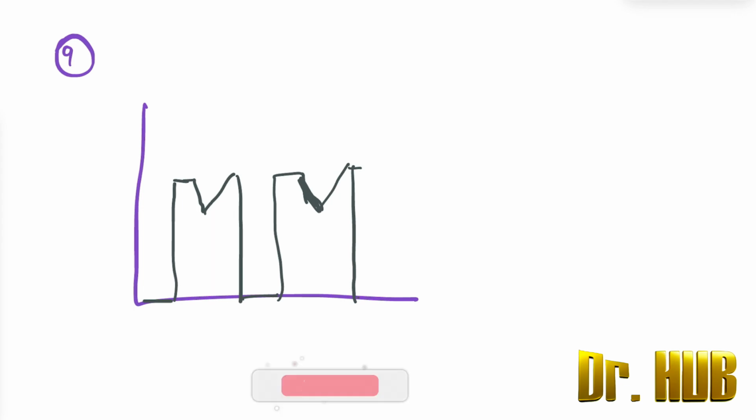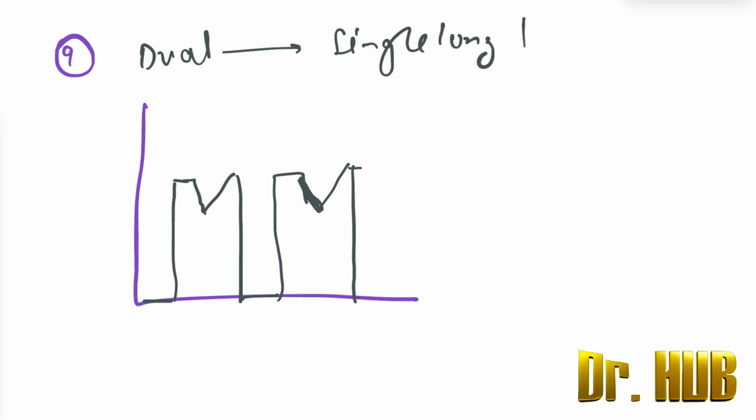So what is the explanation? This is the dual capnogram in a one-lung patient, known as the dual capnogram, seen in a single lung transplant.